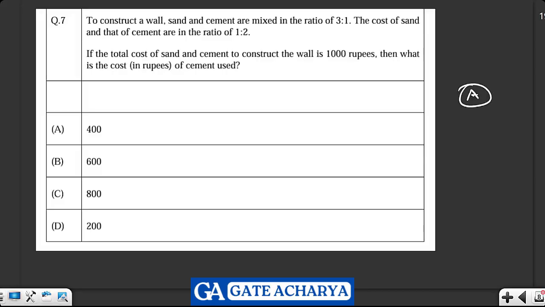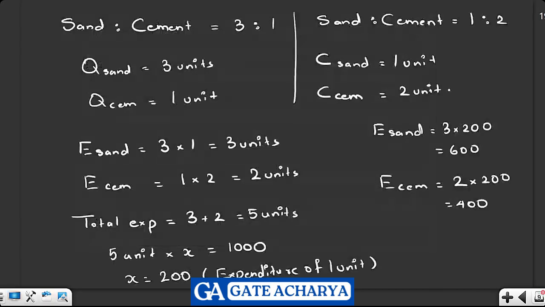Okay, just don't cut off. Let me tell you what to do. See, the quantity is given as 3:1, right? So I can say that it's some 3 units. It's a multiple of three value. Whatever is the quantity going to come, it's some multiple of three, right?